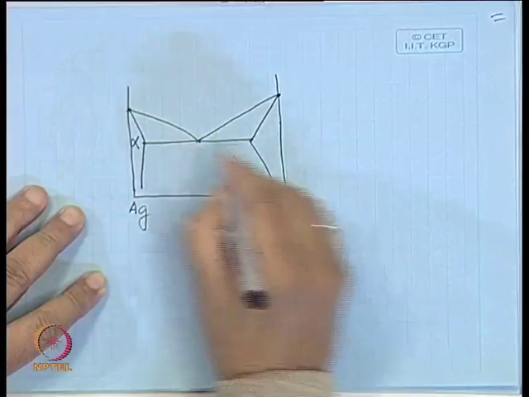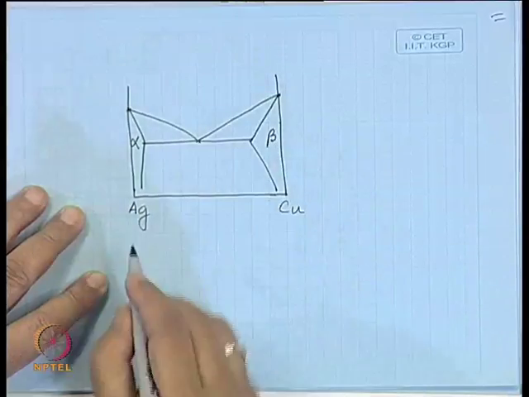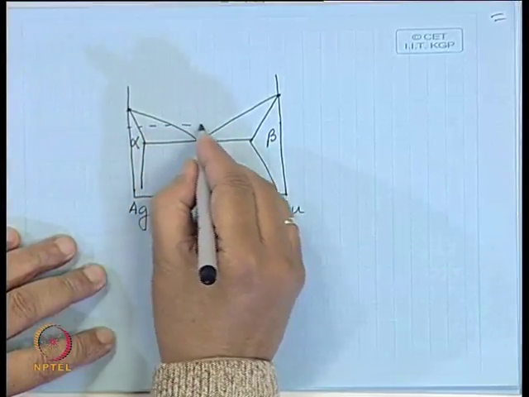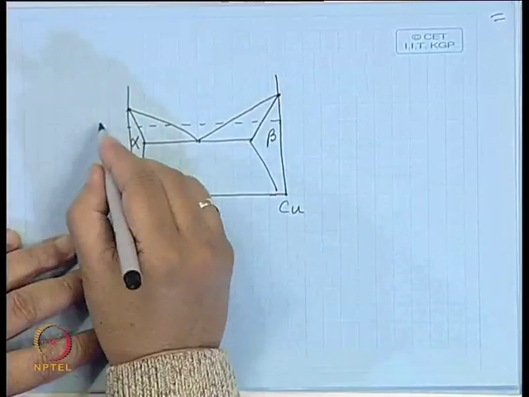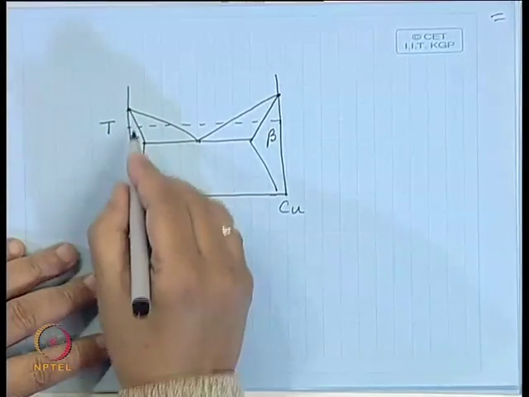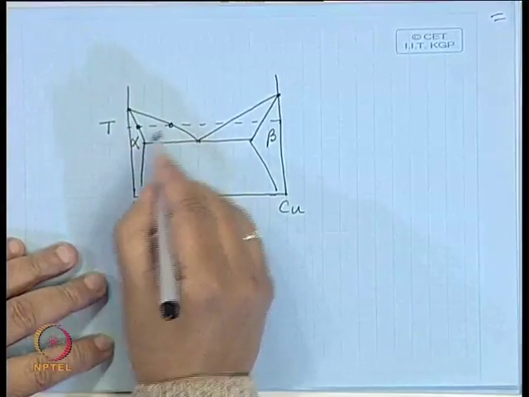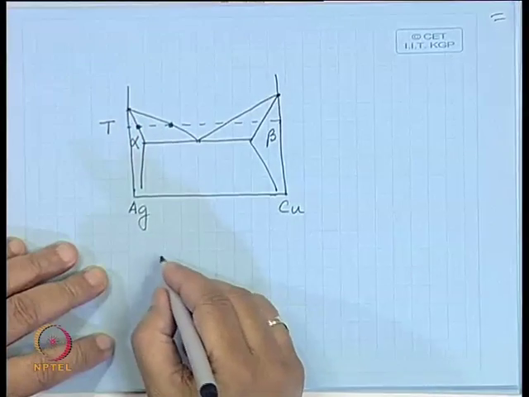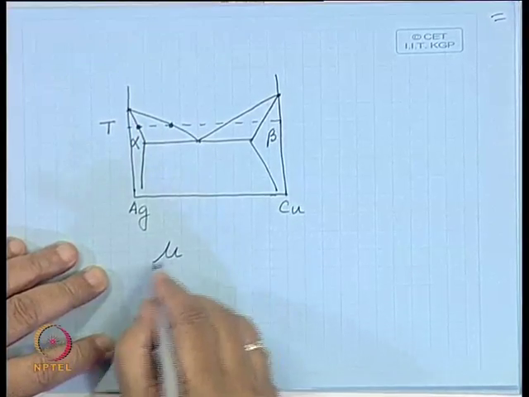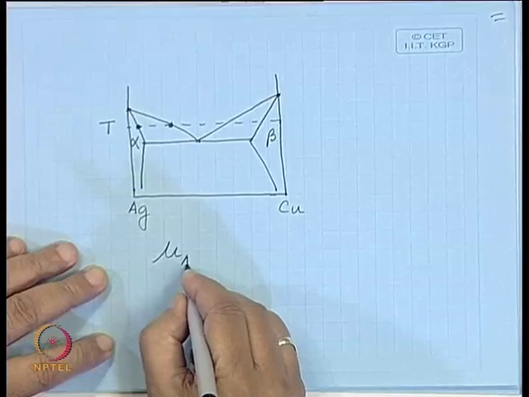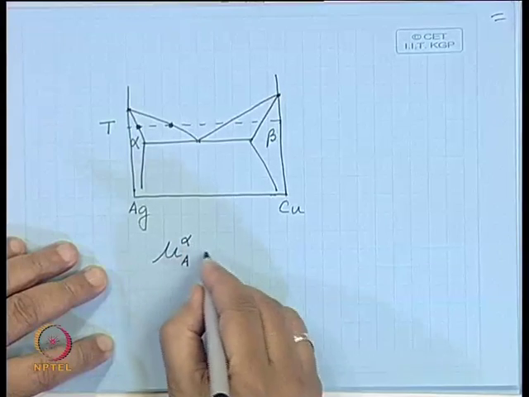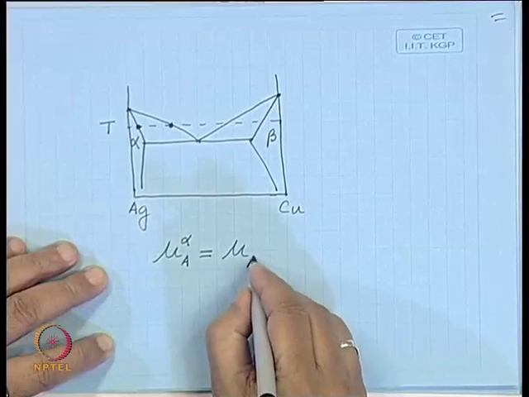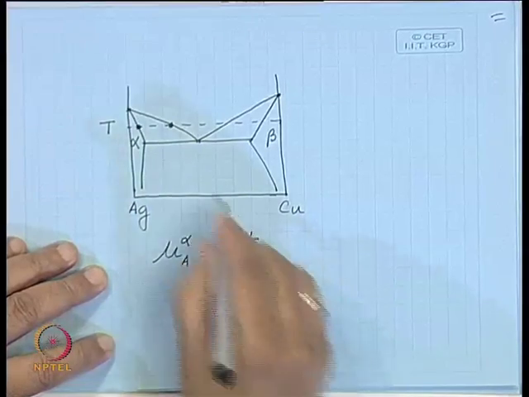So, this is alpha, let us say this is beta. Now, here you take a case at a particular temperature, you try and equate the partial molar free energy or the chemical potential of A in alpha equal to chemical potential of A in liquid.